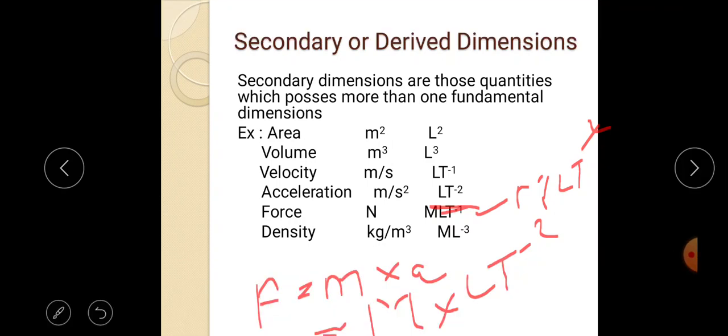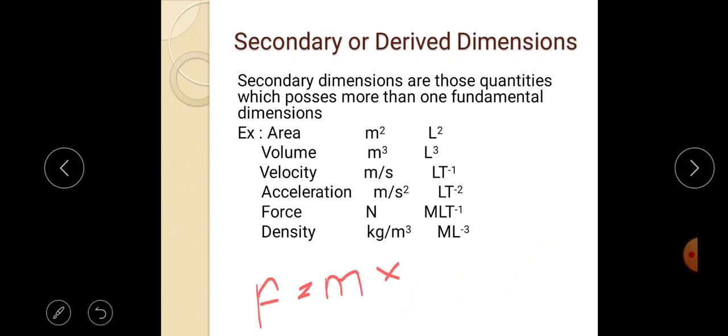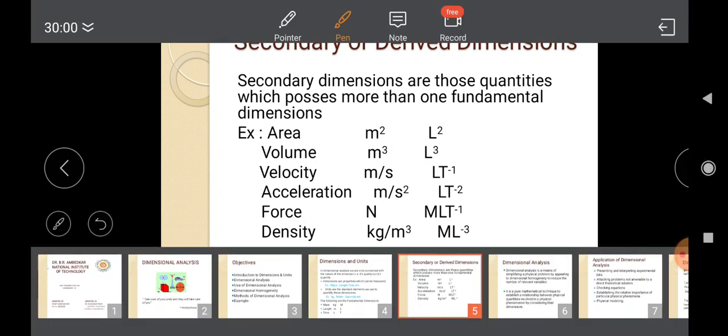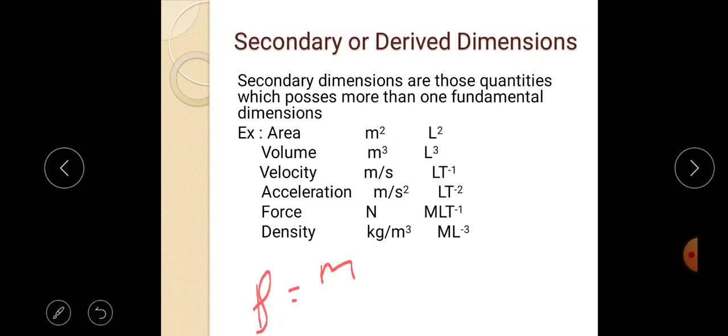Similarly for density, what is the formula of density? Density is simply mass by volume. I'll show you. Density we write as rho. It is simply mass divided by volume.